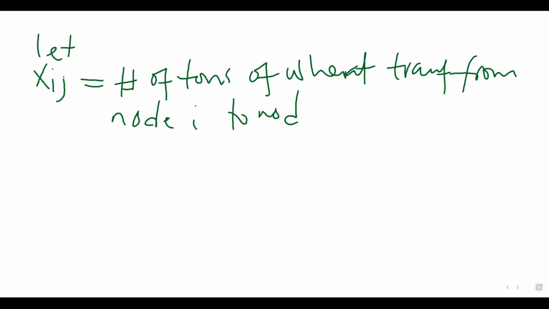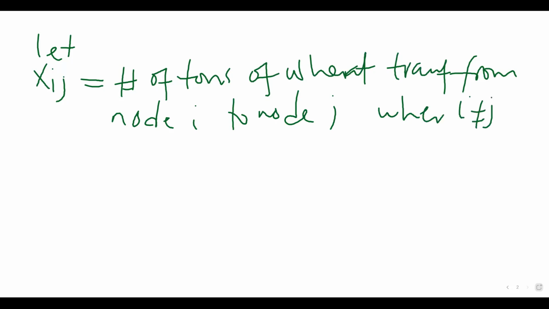That's one way. Transported from node i to node j, where i is not equal to j. So you have to indicate that.